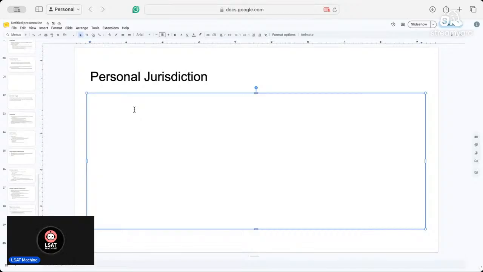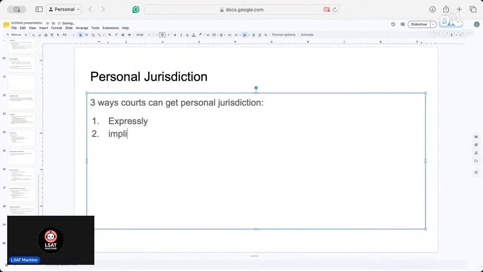There are 3 ways courts can get personal jurisdiction, and they need jurisdiction. Jurisdiction just means being able to hear the claim and do the trial. You can do it expressly, impliedly, or voluntarily.